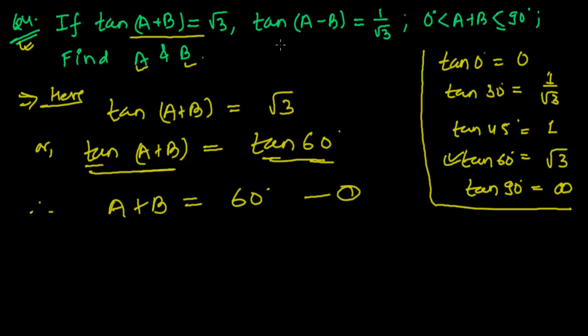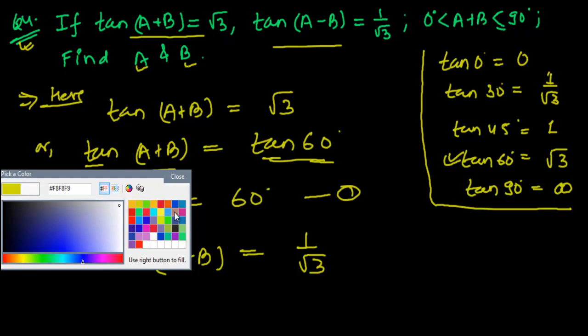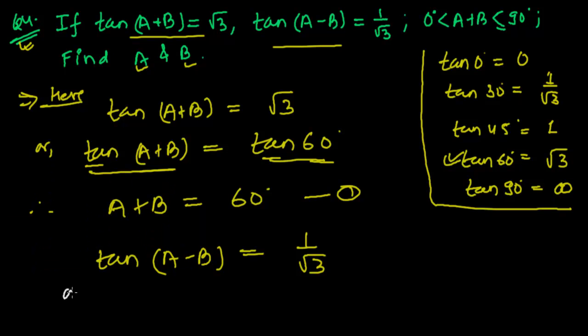Let me do another one. What is given over here? Tan(a − b) is equal to 1 upon root 3. Let me do this with a different color, it will be better. So again, tan(a − b) is equal to... which angle has the value equal to 1 upon root 3?